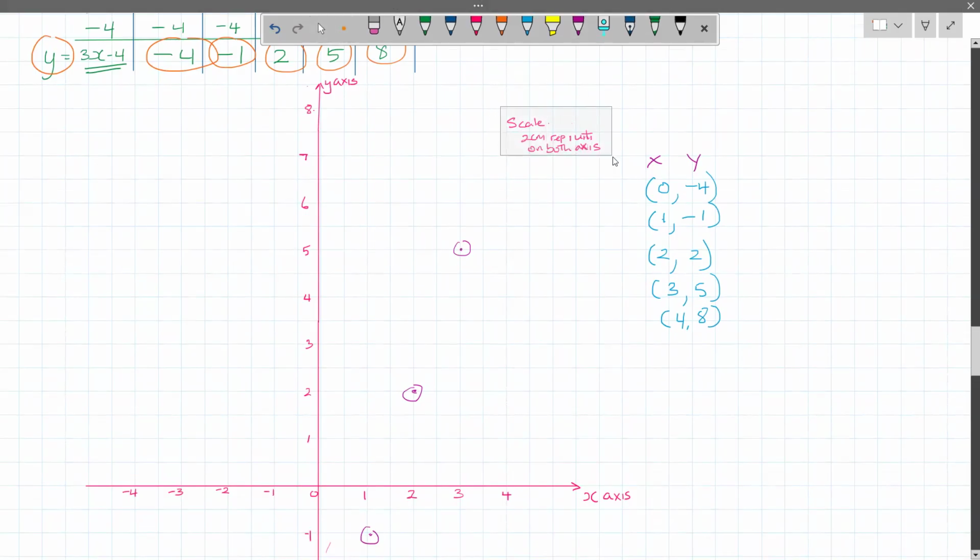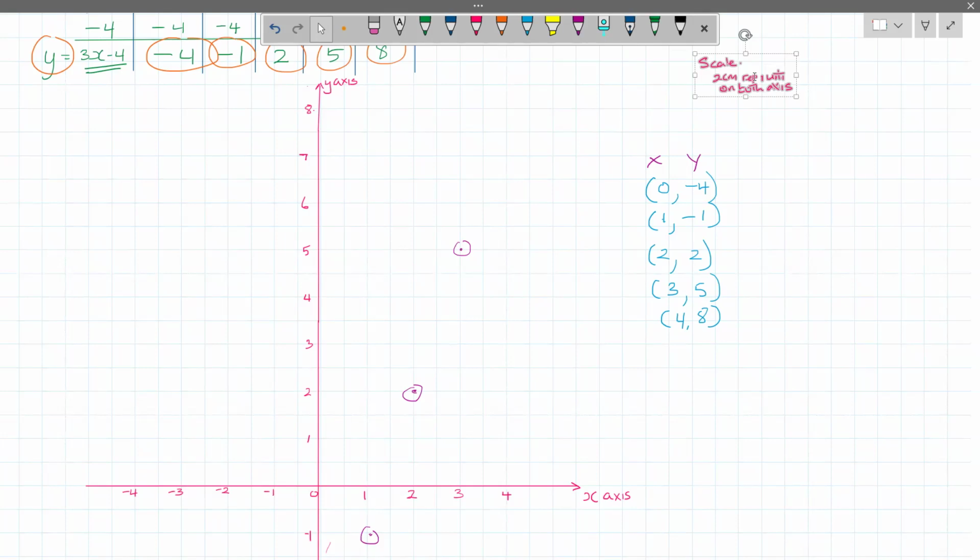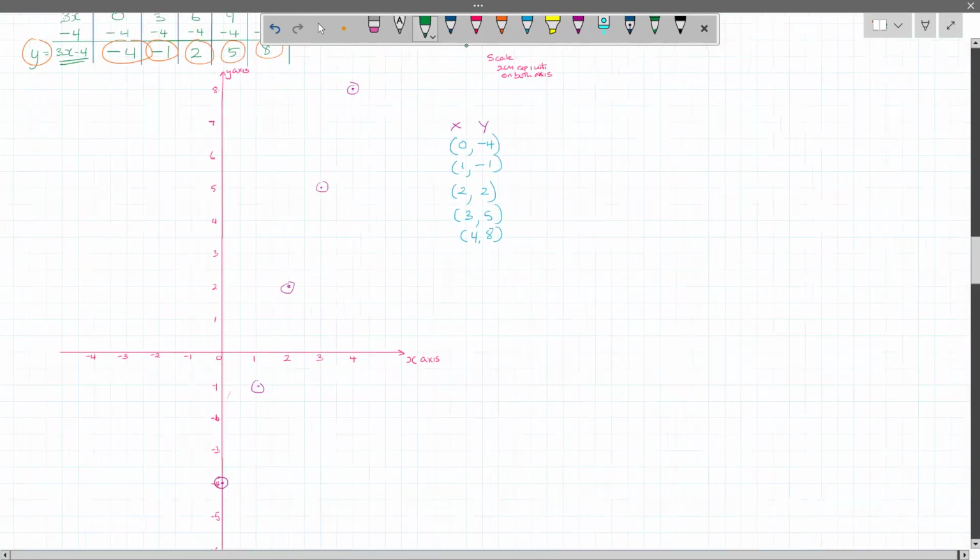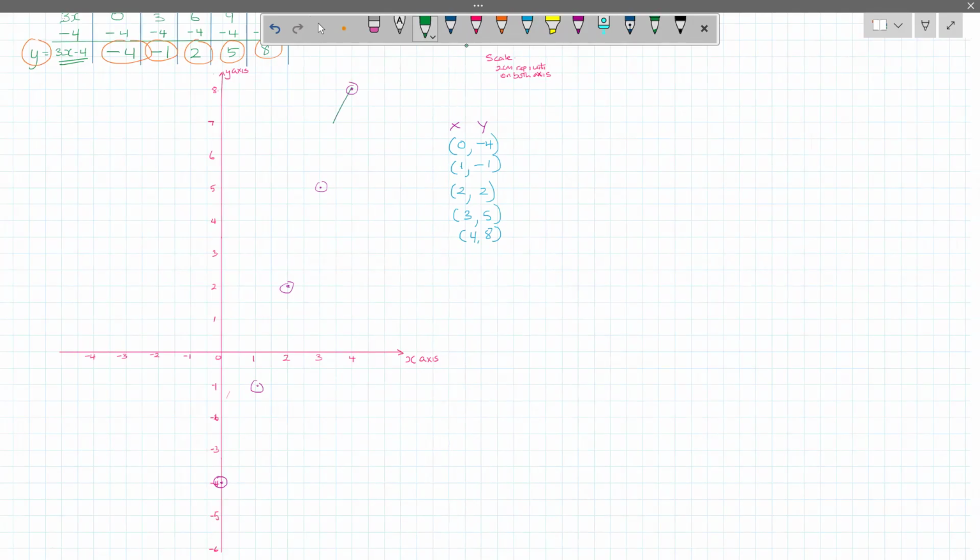Scale anyway. Shift that to the side there. So 4 and 8, right here. Bam. And let's just make this a little smaller so we could draw a line.